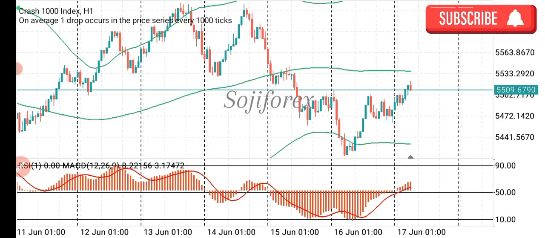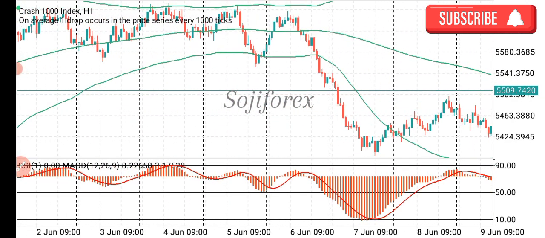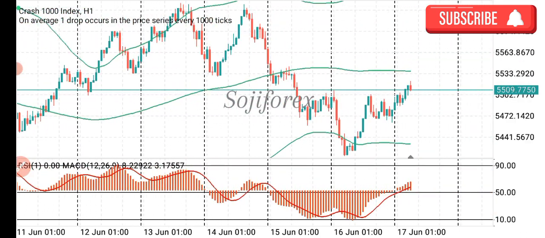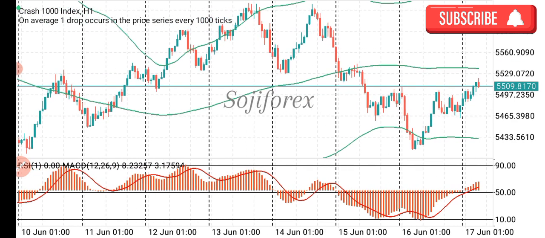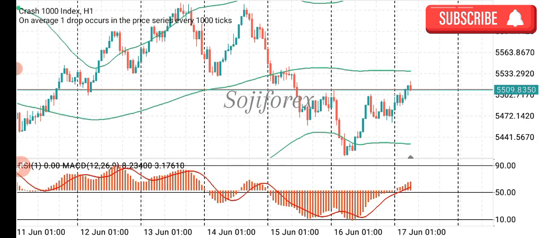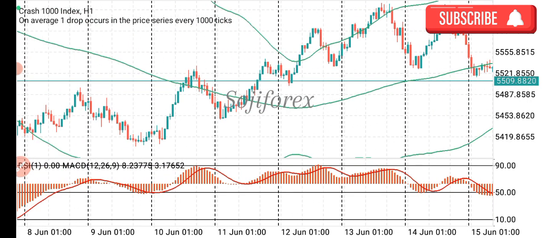Most of the time, before we spot any reversal in the market, price always sends a signal. So if you are good at your analysis and you are conversant with price action, you will realize that before any reversal or retracement, there is a signal that price movement sends.